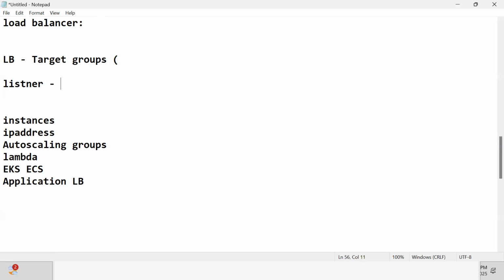But I have 40 instances in my web related target group. Who is going to check the heartbeat, the health of those 40 instances? The listener. The health check is configured with the port number, the protocol, and the path.